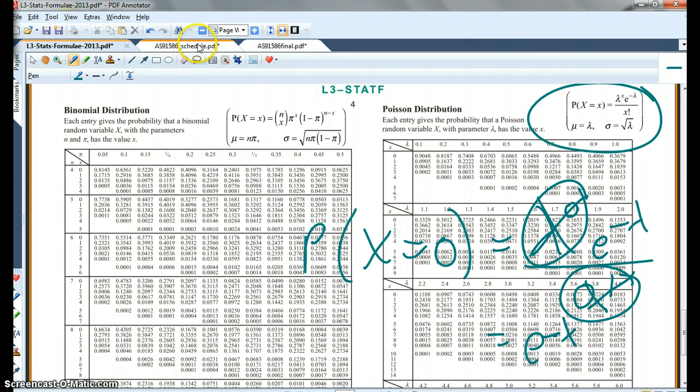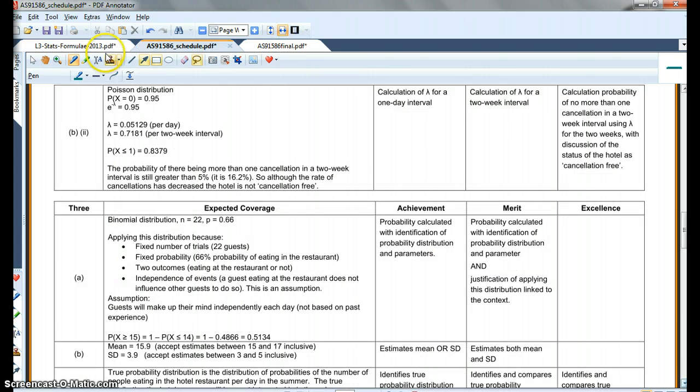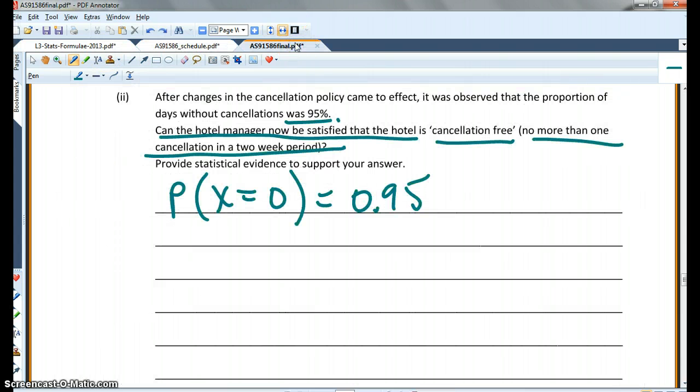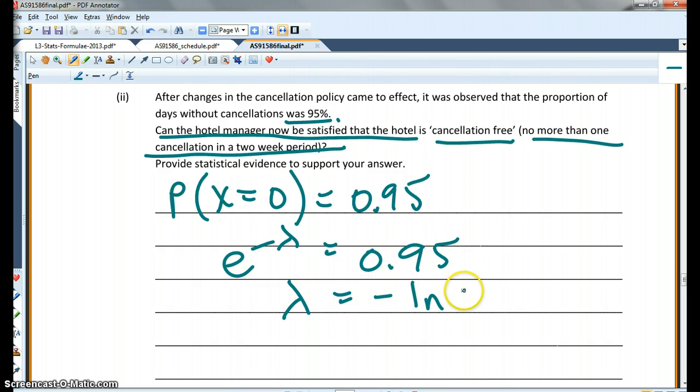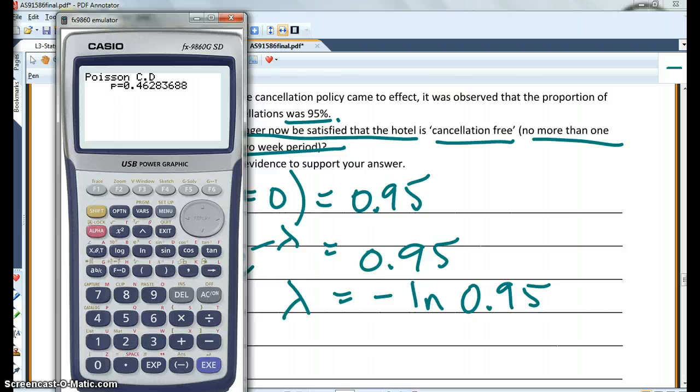So back to our schedule. We know that e to the negative lambda equals 0.95, so lambda equals negative natural log 0.95. You need to just learn that off by heart, I think, at this stage of the year.